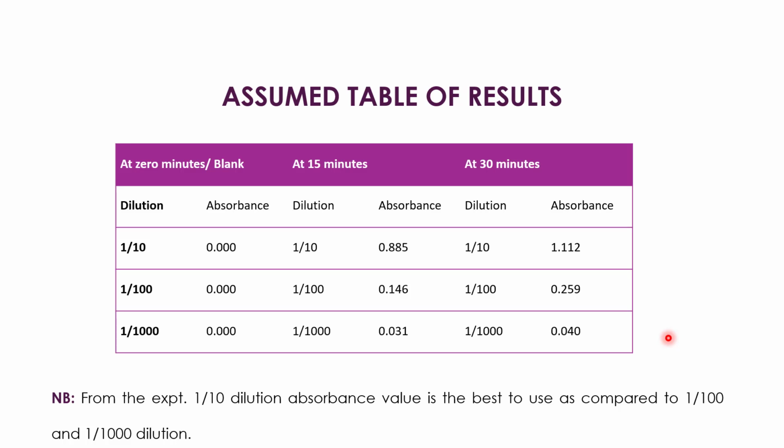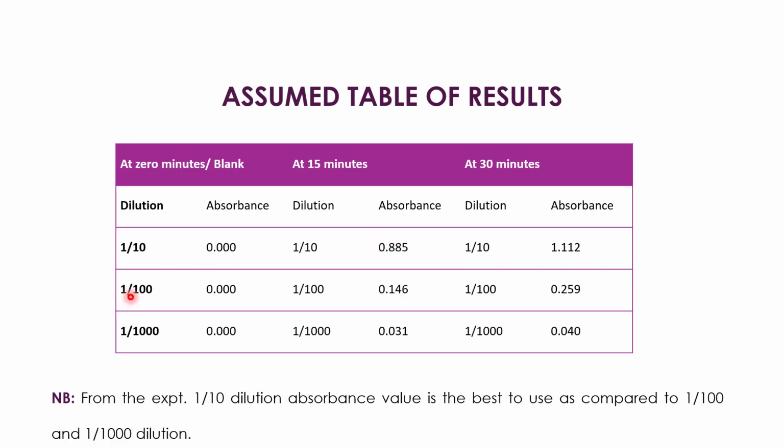So let us look at the assumed table of results. This is at 0 minutes. As said earlier, the 0 minute we are going to use as blank. This is the 1 in 10 dilution, and these are the absorbances at each time.